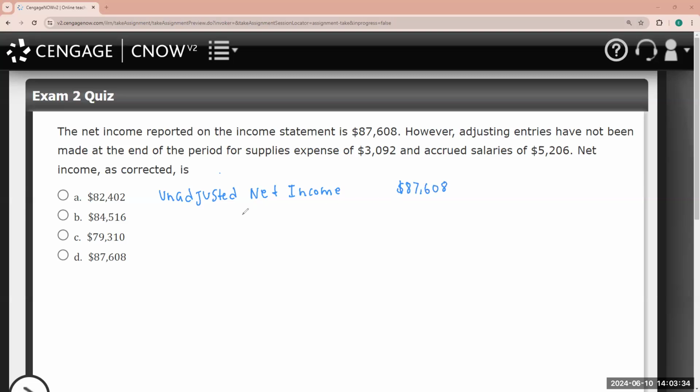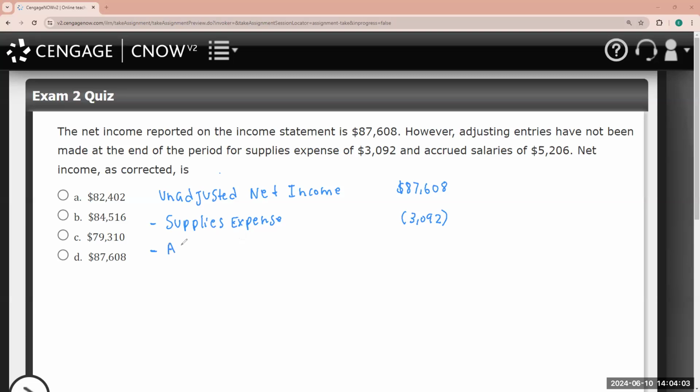$87,608, and from there we know that we need to subtract supplies expense, and our supplies expense is $3,092. And from there, we have our accrued salaries, which will also be subtracted. In accounting, anytime a number is negative or it is going to be subtracted, it is in brackets. So I'm putting these in brackets.